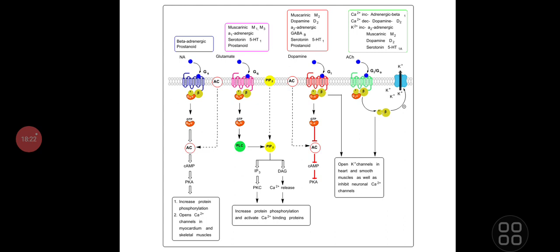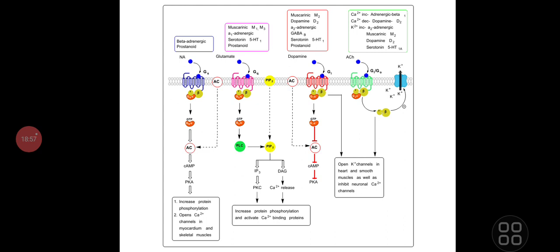And the last one is Gi/Go. Actually in this it is the step where, instead of the alpha subunit, the beta and gamma subunits work to activate the potassium channels as well as other calcium channels. Here these beta gamma subunits are responsible for the opening of potassium channels, so that exit of potassium takes place.